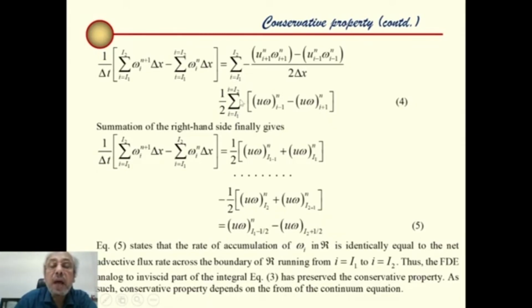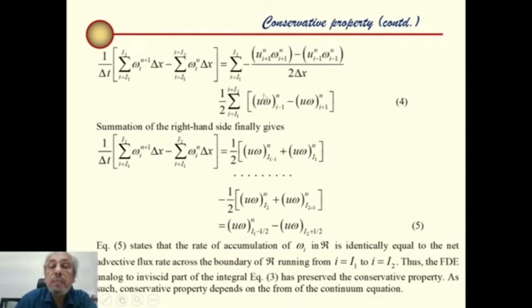So I1 plus 2I2 will run. So next term will be I1 plus 1. If we substitute here, that will be I1, and then this will be minus quantity I2, I1 plus 2 at nth level.